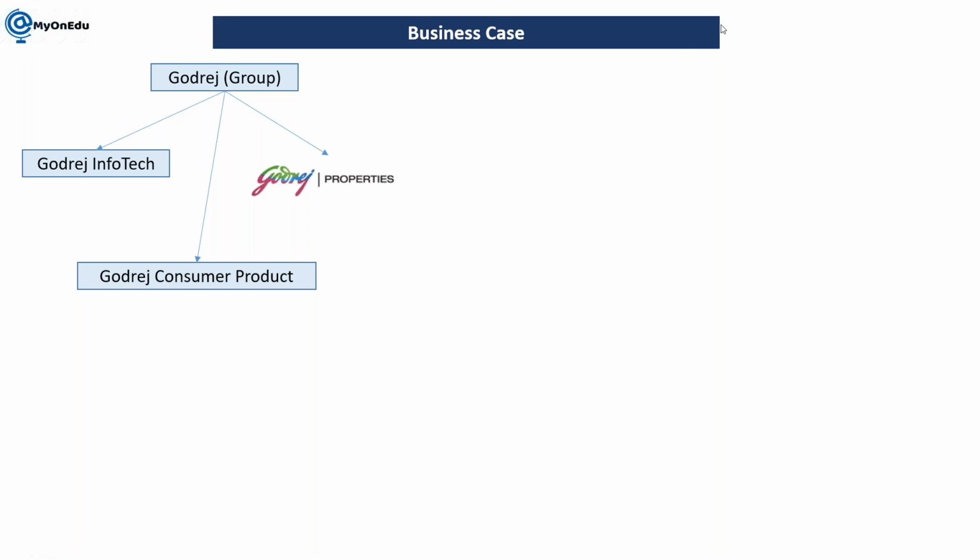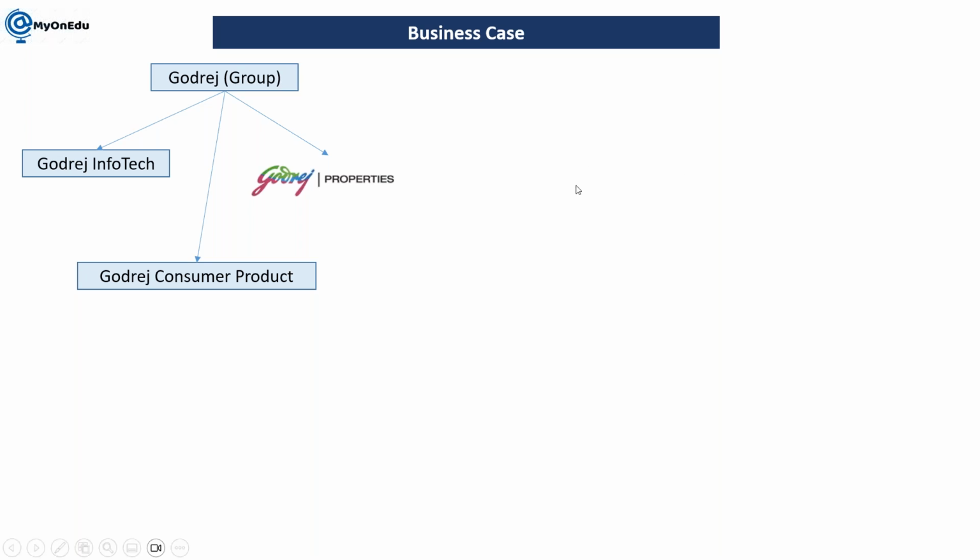So these are the different business lines. Godrej Properties is a real estate company, Godrej Consumer Products is FMCG, and Godrej Infotech is an IT company. We can consider these as different portfolios. When I say Godrej Properties is one portfolio, let us understand how they work.